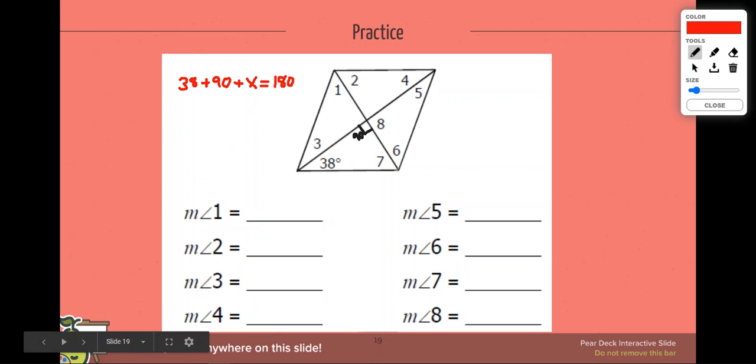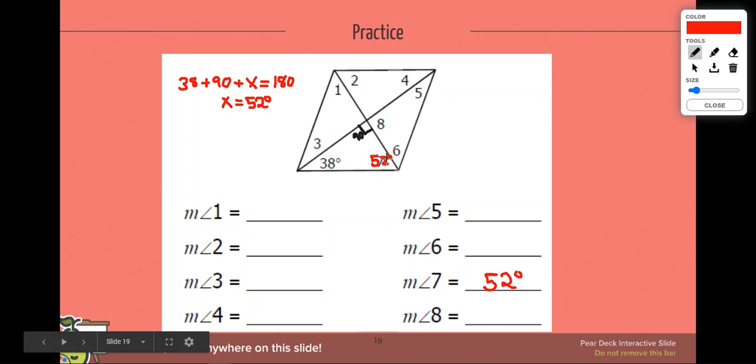Add those two together, subtract from 180, and we get x is equal to 52 degrees. Sweet. So we know that angle 7 is 52 degrees, and that gets us on our way.